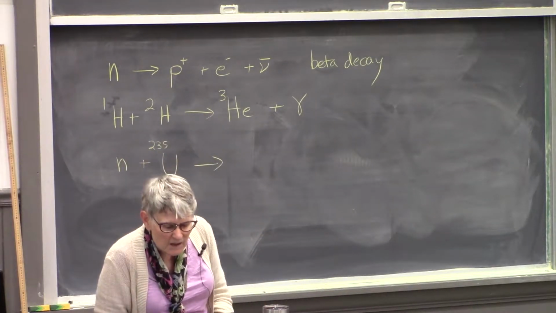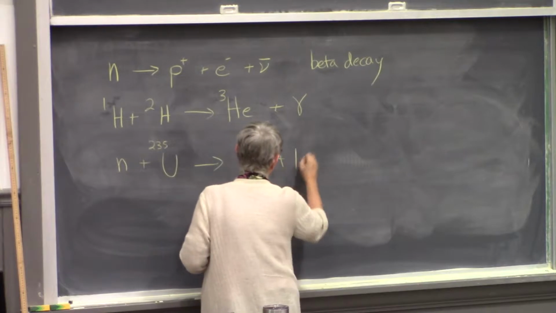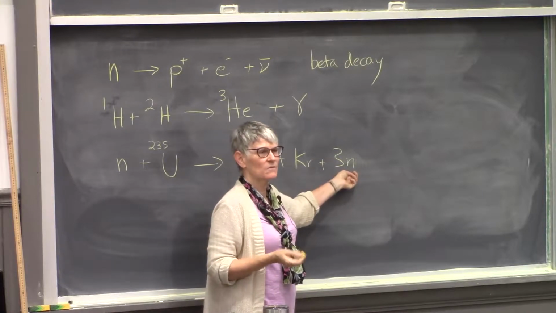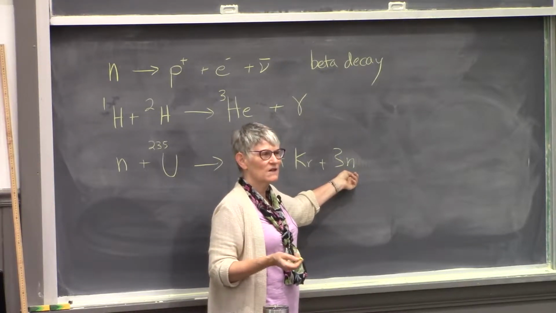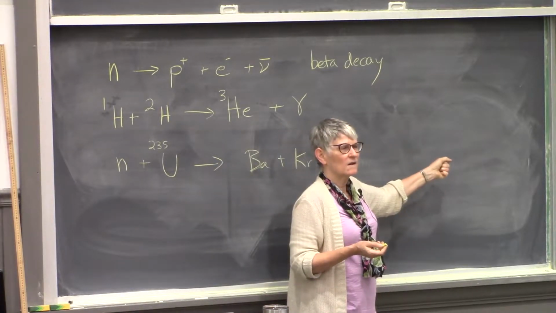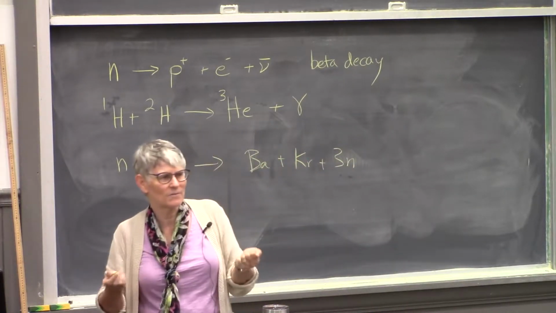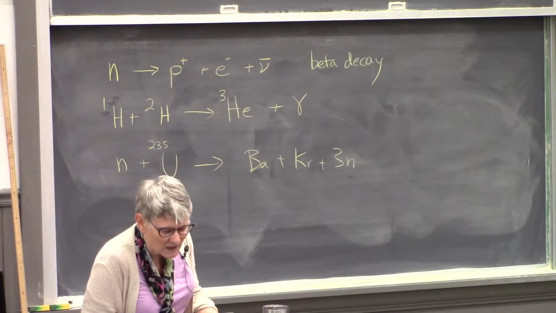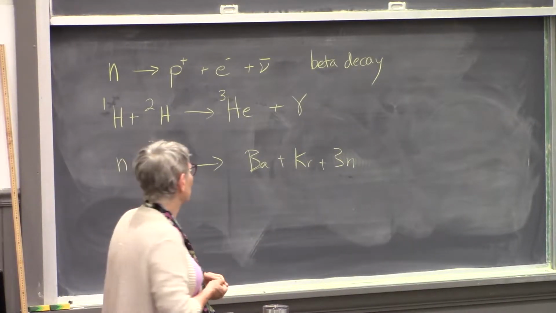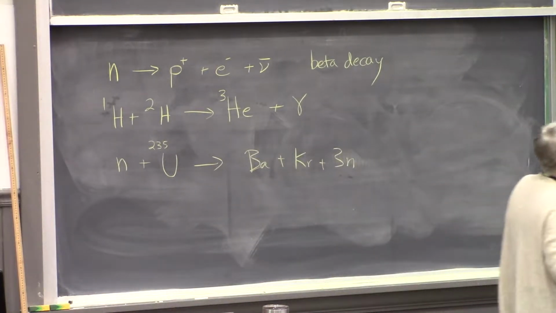It could be barium and krypton and 3 neutrons. And this is one of the problems with fission as a power source. These neutrons can go on and interact with things in the container and make that radioactive, so they can do all sorts of things. Or you could get palladium and some neutrons and whatnot. So change of rest energy involves a change of identity.